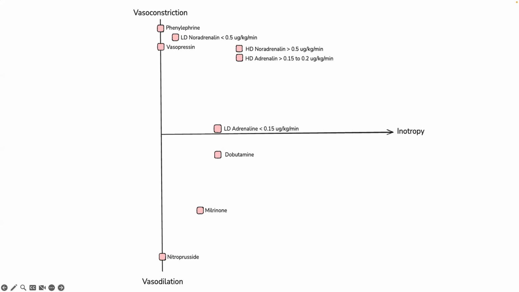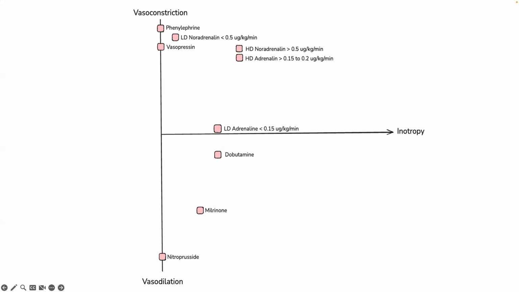They are pure vasoconstrictors. You'll see that low dose noradrenaline, and by low dose we mean less than 0.5, which is a fair amount of noradrenaline, but less than 0.5. Low dose noradrenaline basically is, for all intents and purposes, phenylephrine. So they are very similar in their clinical efficacy.